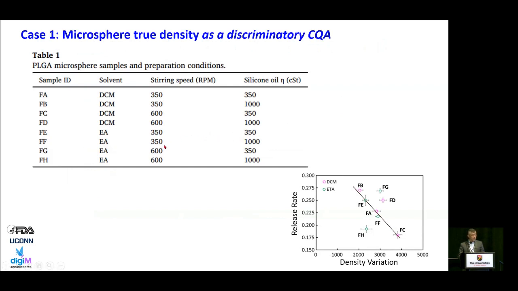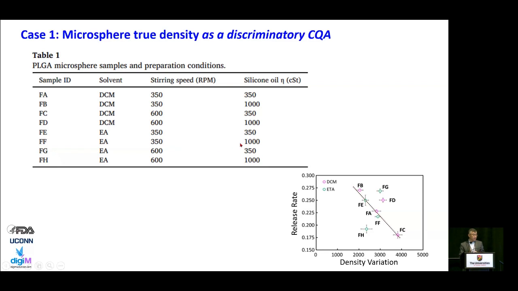We use X-ray based true density measurement, and we correlated the density variation within the microspheres. That is characterizing the drug distribution. Are they more on the outside, more on the inside, from microsphere to microsphere and intra-microsphere? So we have these 8 formulations and their corresponding density variations.